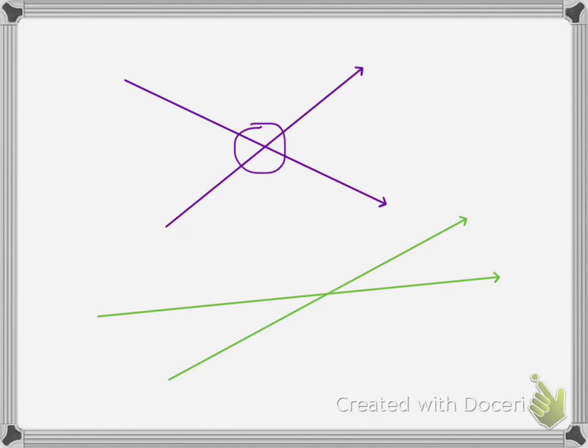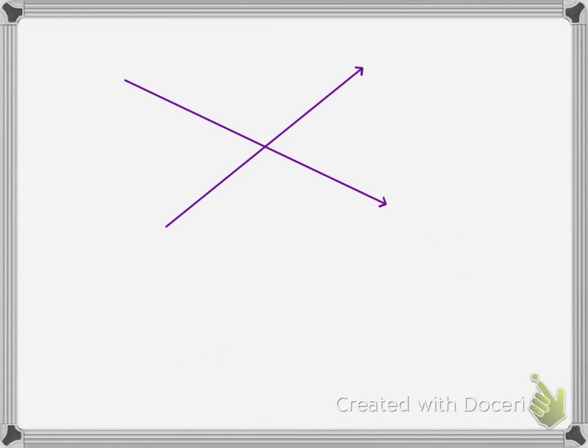So that's kind of the takeaway here, is that two lines in the plane will intersect at a distinct point, and that would give the system of equations that these lines represent one solution.